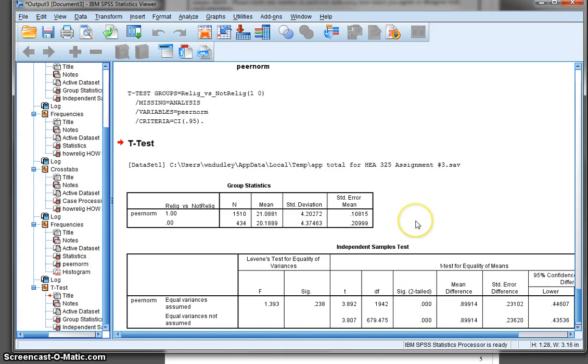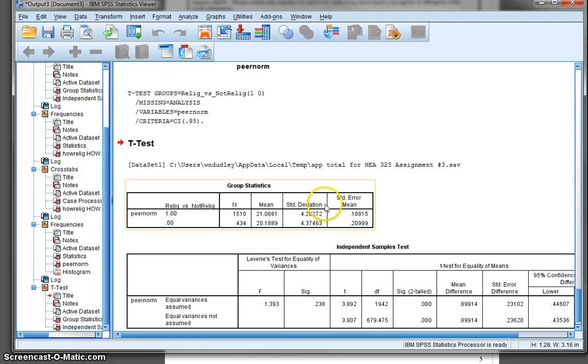So I can say, as can be seen in Table 2, those with some religious beliefs show a mean of 21.09, if I round that to 2 decimal places, whereas those who show no religious beliefs show a peer norm of 20.19. This difference is statistically significant, t(1942) = 3.89, p < 0.001.